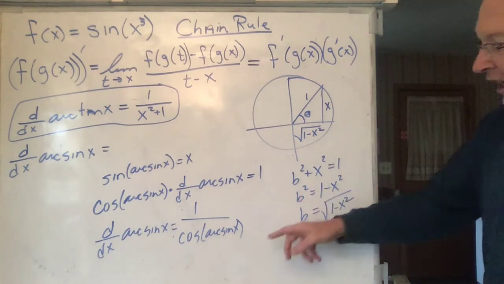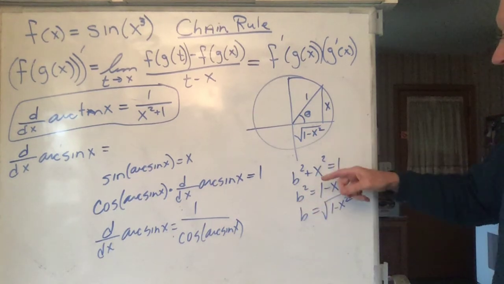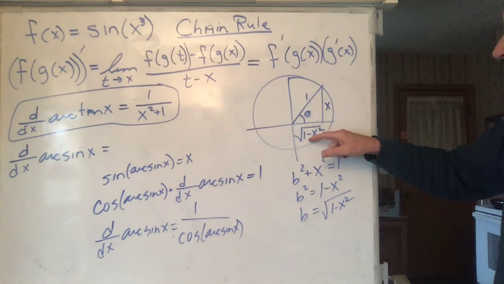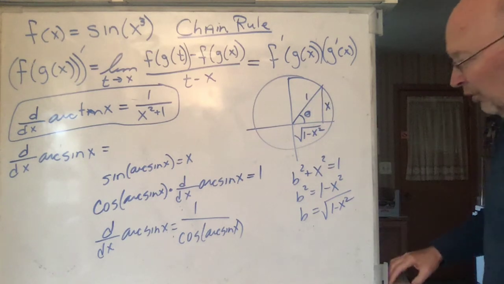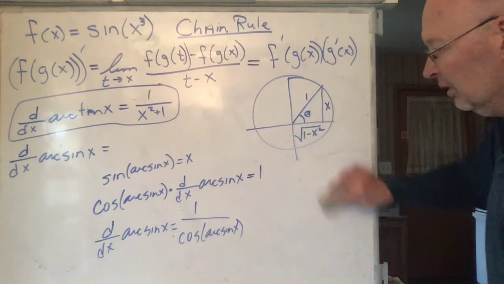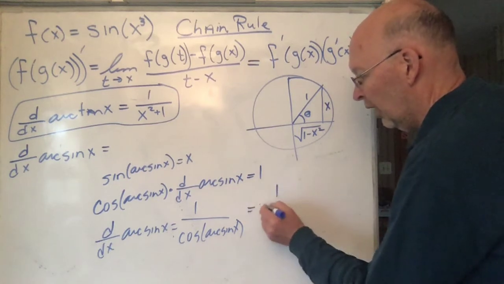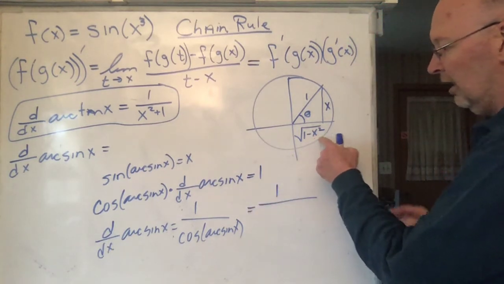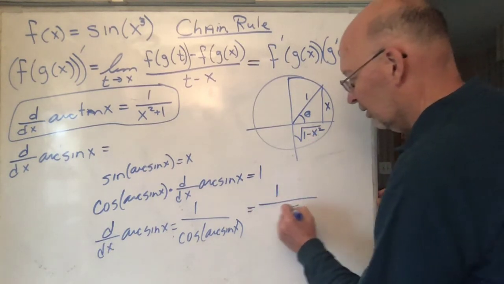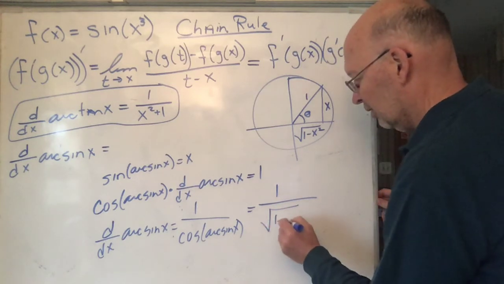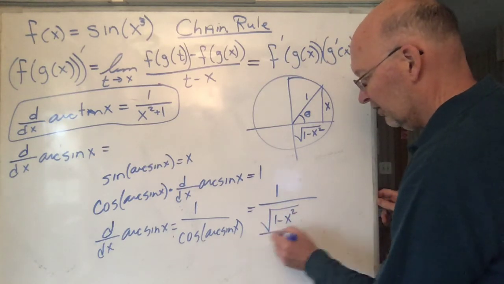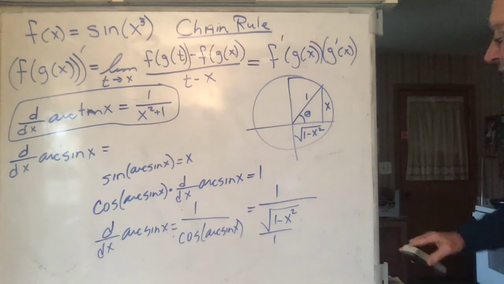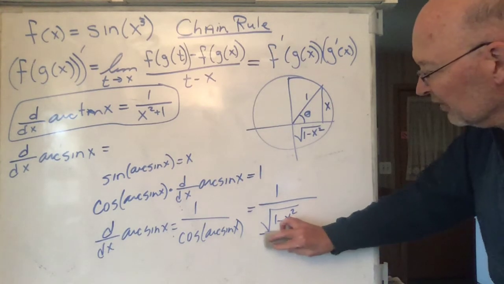And now the cosine, what did we say the cosine was? Cosine is this over this. So this now is equal to 1 over the square root of 1 minus x squared. You don't need that 1 there, you can leave it just like that.